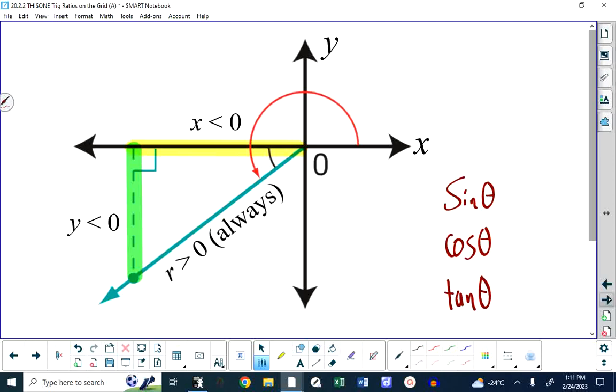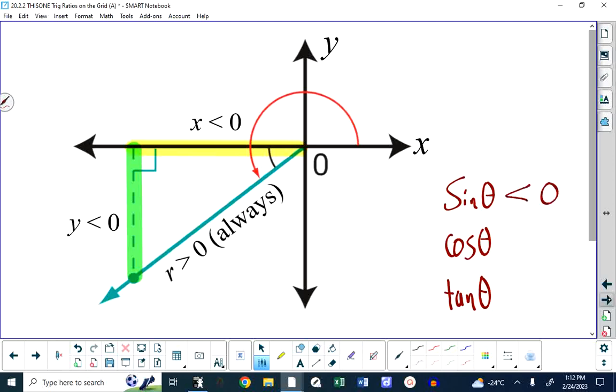X is negative in quadrant 3, y is negative in quadrant 3, r is always positive. What do you think sine will be, which is y over r? Negative. Excellent.